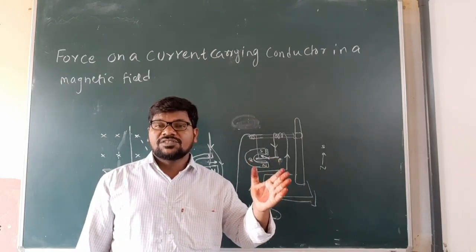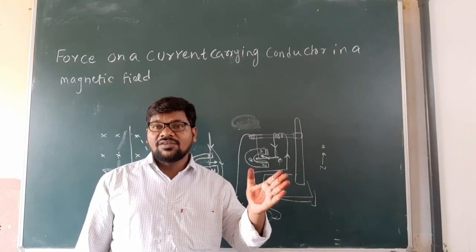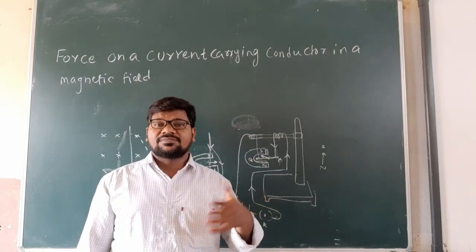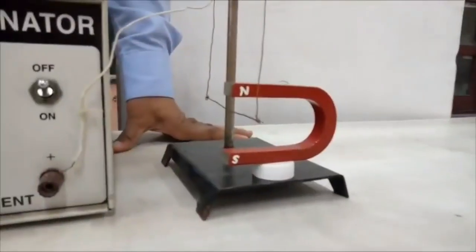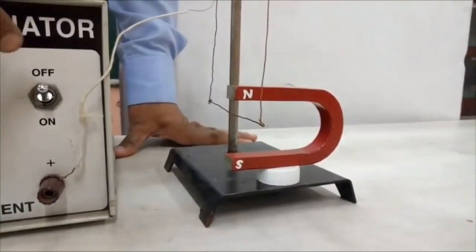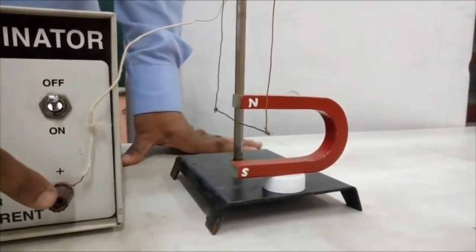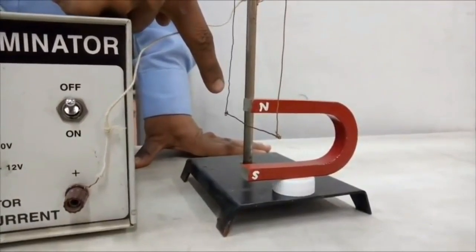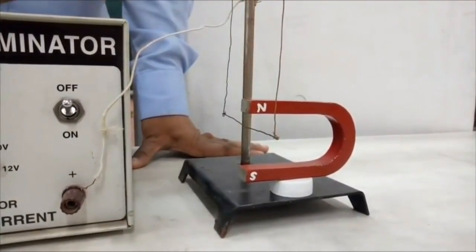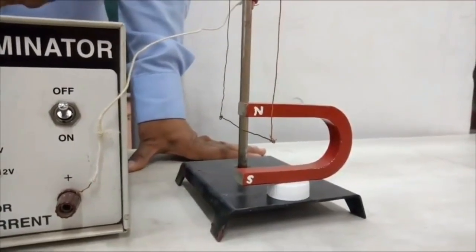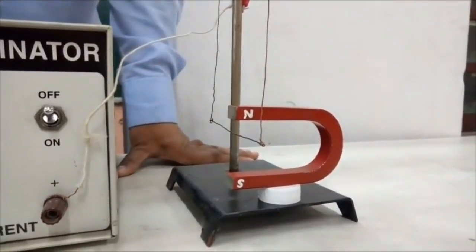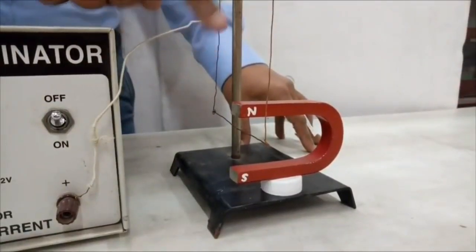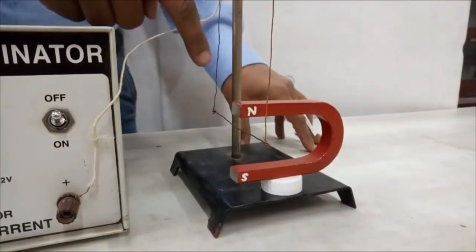With the force acting, the wire will move in a particular direction, it may be right or it may be left. Got it, my children? The same activity I performed in the lab. Here, consider a battery eliminator with the positive wire connected to the metallic rod. We take a U-shaped horseshoe magnet, in which we send current. By applying Fleming's left hand rule, we have to find in which direction the rod moves.